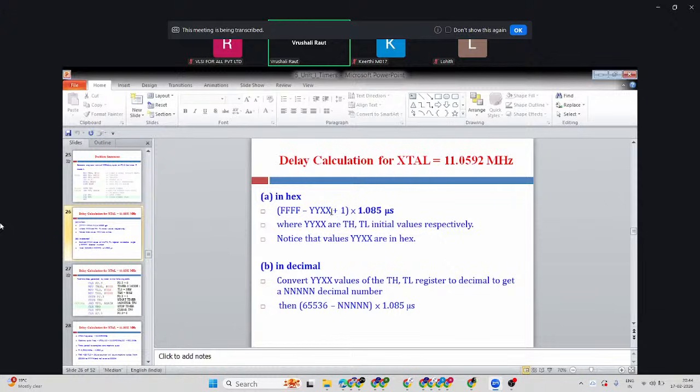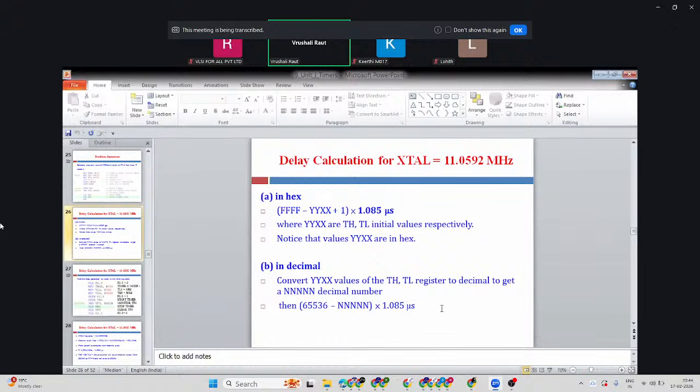This is in hex. Same thing in decimal: what do you mean by FFFF? It is 65536 minus this number. Instead of YYXX, they are giving the decimal number, which we have to calculate. And this time is the same machine cycle time.